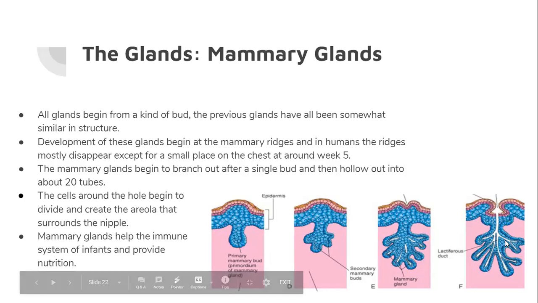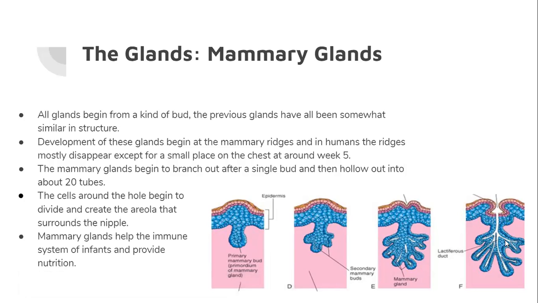So we have the development of these glands and the ridges. Typically you have these ridges along your chest of the developing embryo, and the ridges start to disappear until around the chest area, and that is where the mammary glands actually start to bud, and then that's where the secondary comes, and then they hollow out.